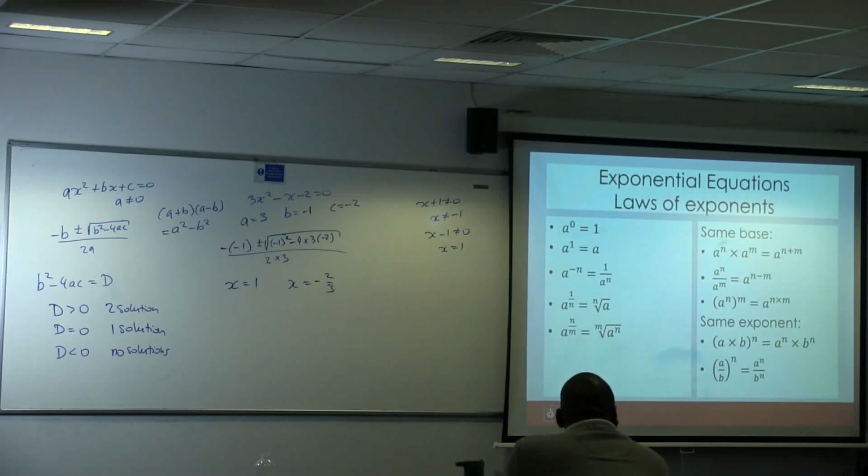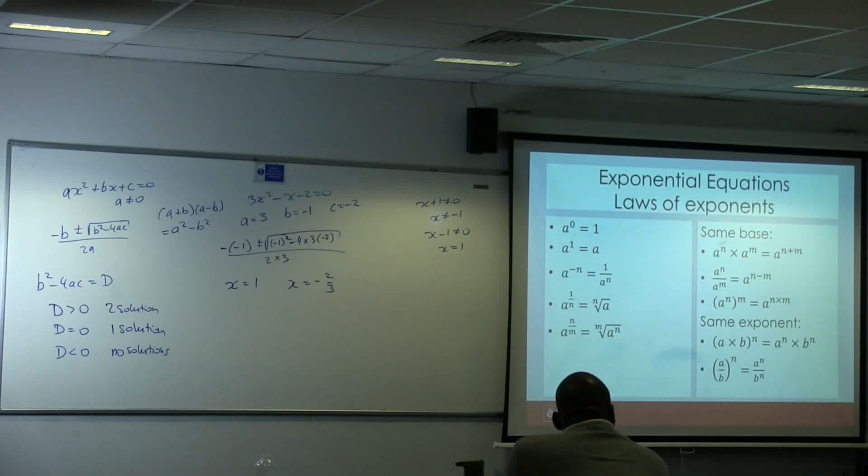So anything, and by that I mean any number, positive, negative, decimal, fractions, raised to the 0 power is always equal to 1. Don't ask me why. It's a definition. Definition means you have to learn it. And if it wasn't like that, mathematics wouldn't work. So we need that for the consistency, for the sake of mathematics.